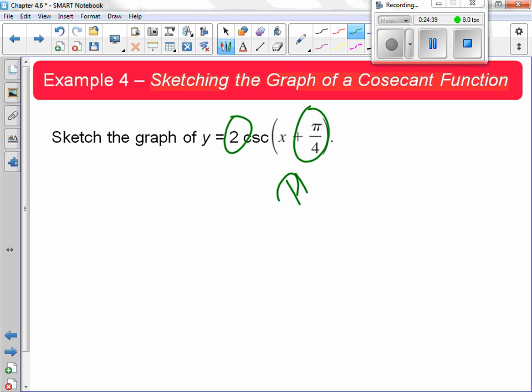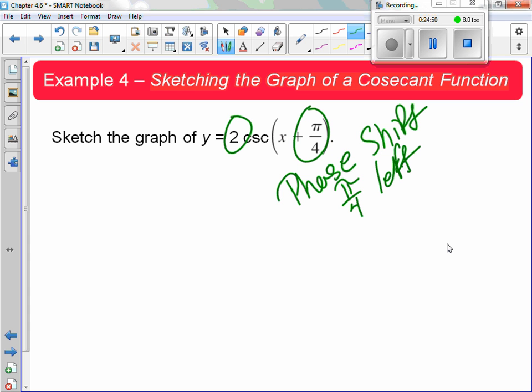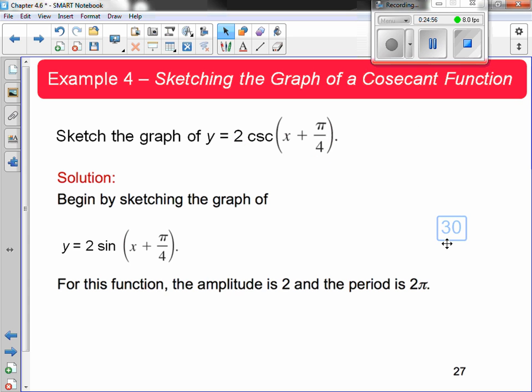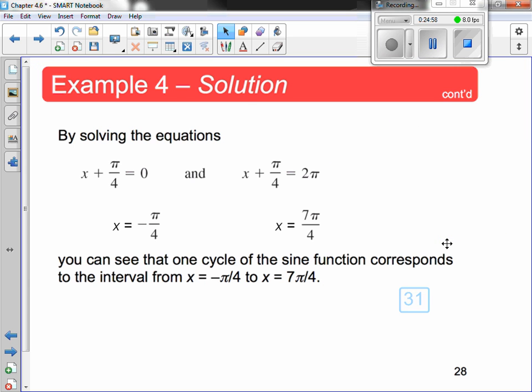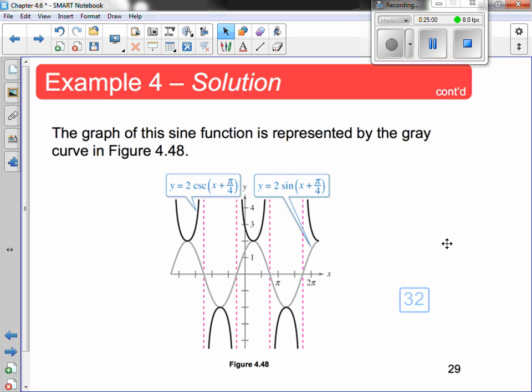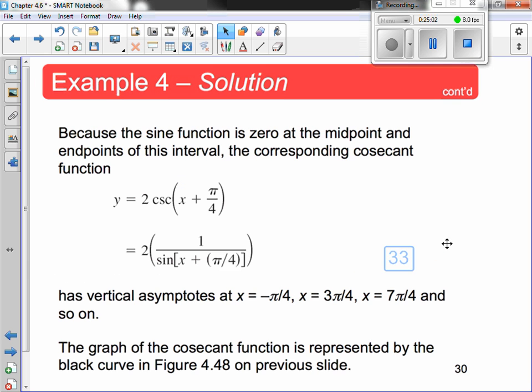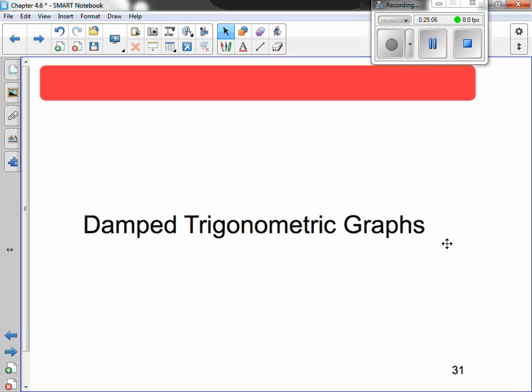This is actually what they will call a phase shift of pi over 4 to the left. Questions on this here? By the equation, we get this, and we have our graph. And we could rewrite it as sine if we wanted to, but that's it.